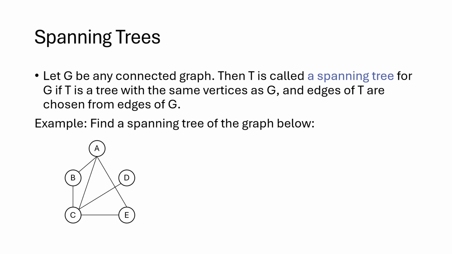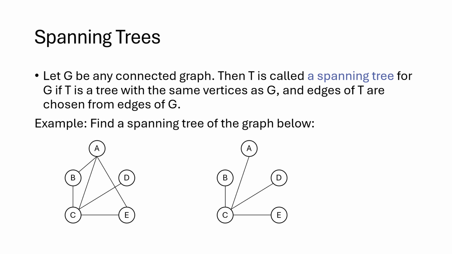And there is more than one way to do that, but this is one of the spanning trees of this graph. So you see the same set of vertices, and the edges in the tree are a subset of the edges in the graph. So in other words, we create the tree by removing the edges from the graph as long as the graph remains connected. Okay, so this is the concept of a spanning tree.